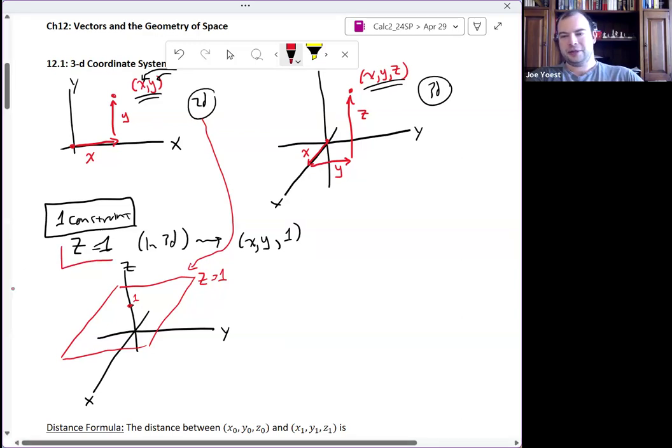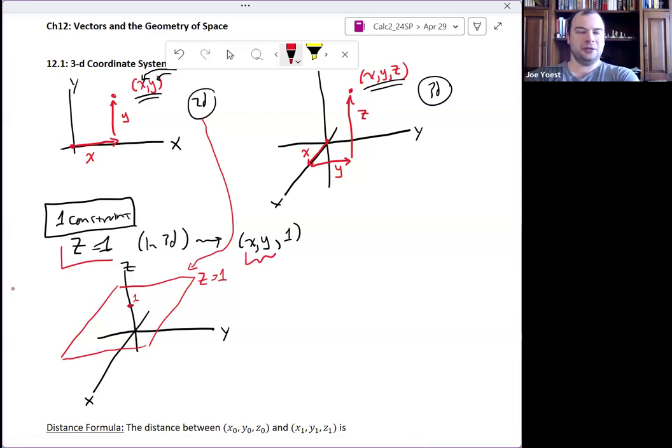I have 1 constraint. And typically what happens is when you impose 1 constraint, you lose 1 degree of freedom. I have 2 degrees of freedom left over. If I'm operating under the constraint z equals 1, I can now move freely, but only in these 2 dimensions, only in the x and y direction. I'm stuck at z equals 1, right?